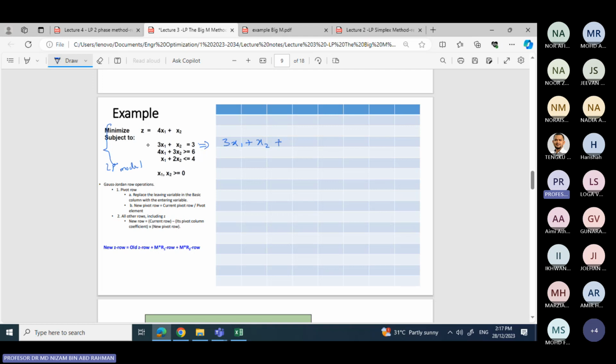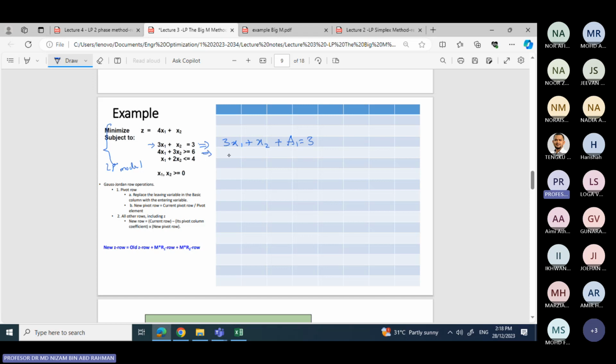The first constraint, 3x1 plus x2 equals 3, becomes 3x1 plus x2 plus A1 equals 3, right?